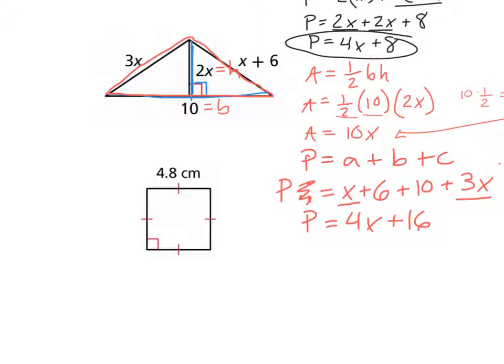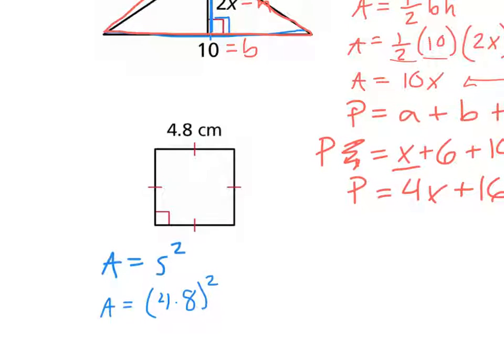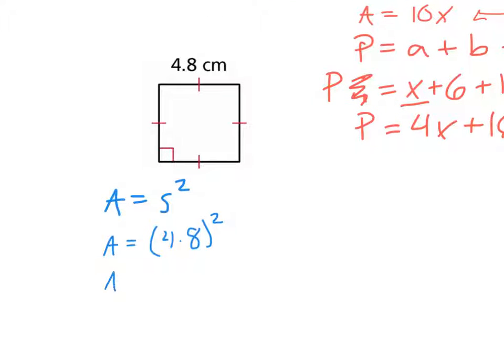Okay. What is the area of a square? What's the formula? S squared. So our S is 4.8 squared. What's 4.8 times 4.8?